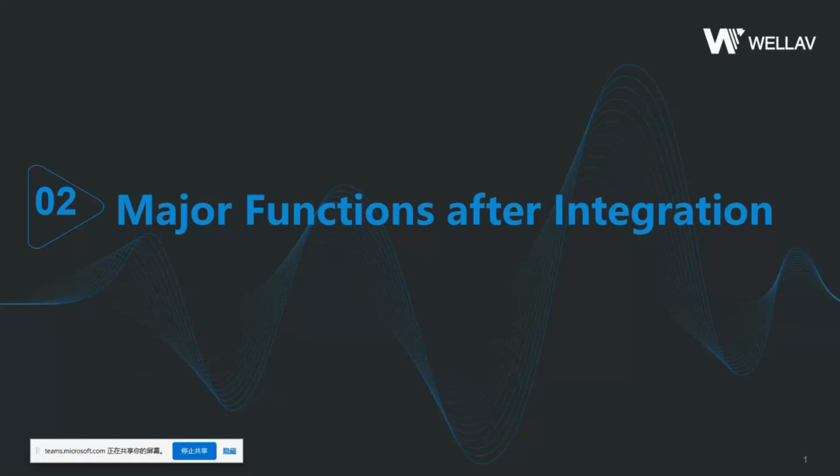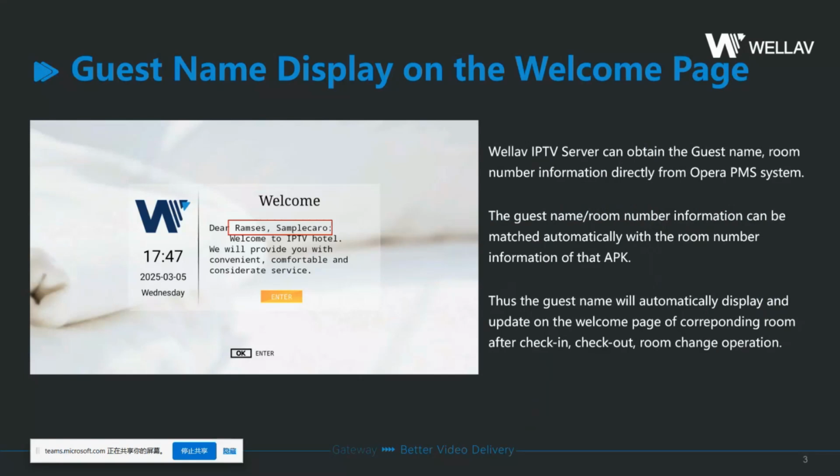The second question is what functions we can achieve after we integrate the PMS with our IPTV system. The first and most important is that traditionally the guest name cannot automatically display on the welcome page. It's very difficult to achieve that.